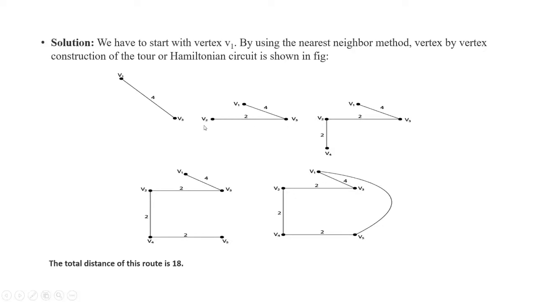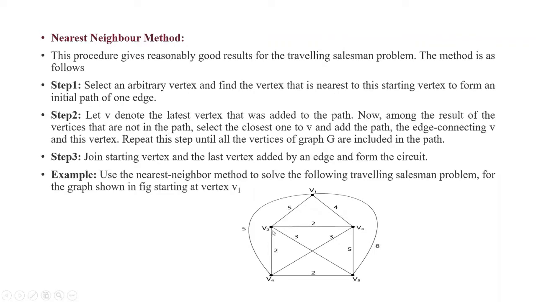Next, V1 and V3 are already traveled, so the remaining vertices are V2, V4, and V5.